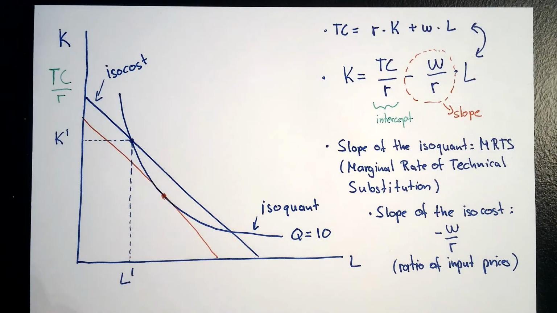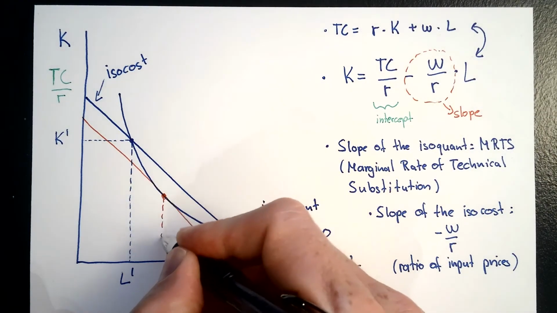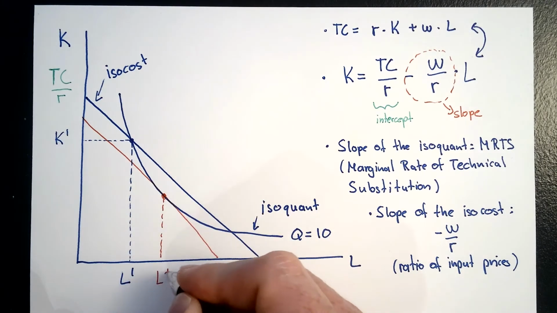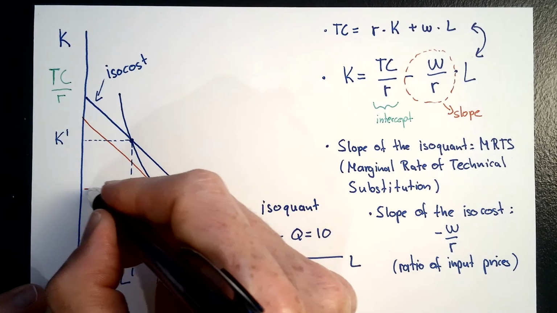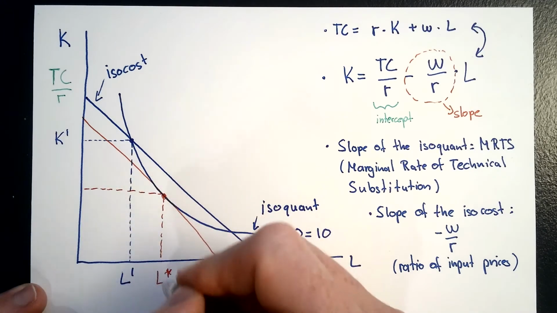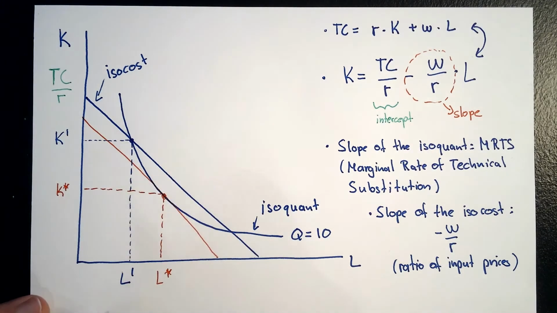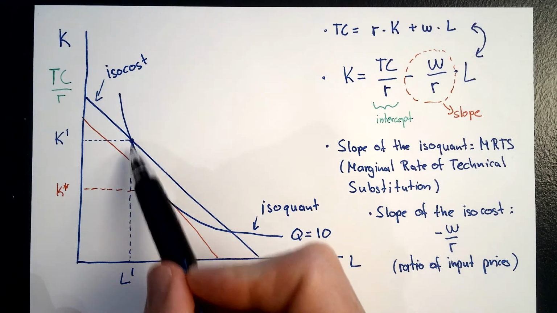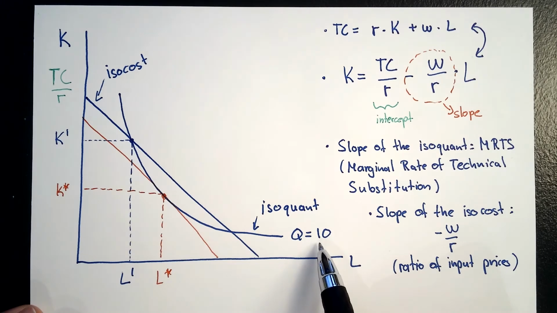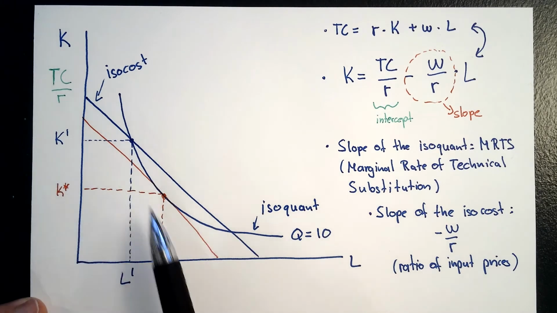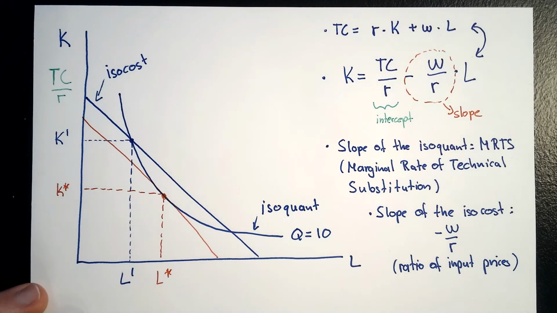Now if the firm chooses L star and K star instead of L prime and K prime, then it produces the same amount of output, 10 units, but it does so at a lower cost. Now, why is it a lower cost?